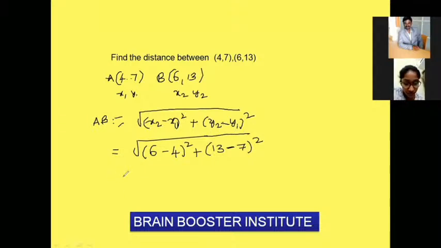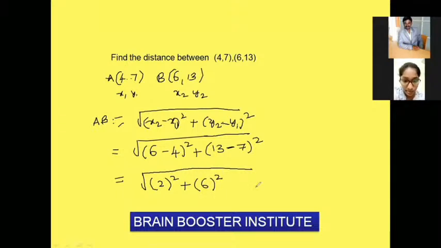I think I have dirty handwriting, okay? Doesn't matter, sir. Now 6 minus 4 is equal to how much, Nana? 2, sir. 2 whole square. Now plus 13 minus 7, 6 whole square, sir.